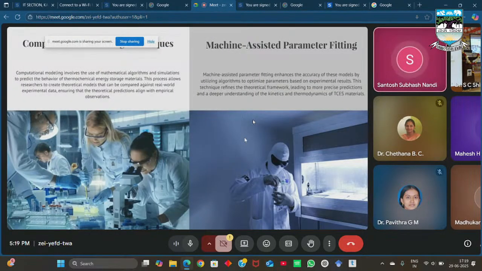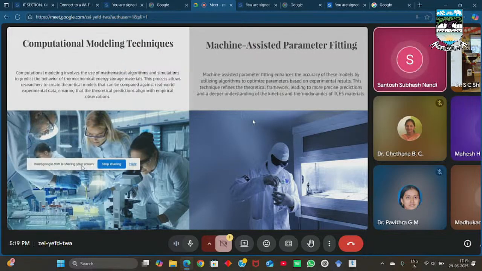Some of the material scientists also use some advanced tools, which we call computational modeling techniques, or sometimes even machine assisted parameters. As you know, CFDs involve the use of mathematical algorithms and simulation to predict the behavior of the thermochemical energy storage materials.